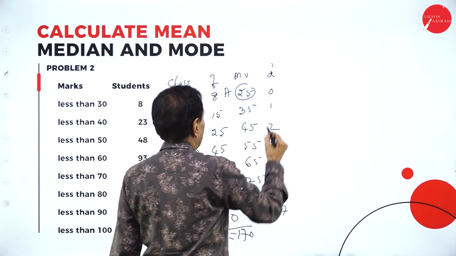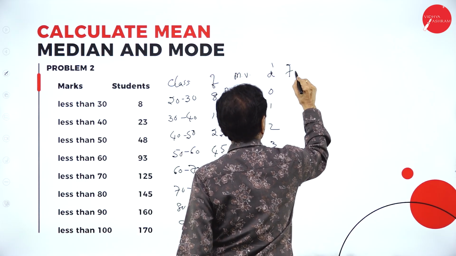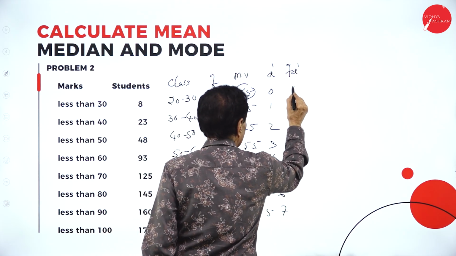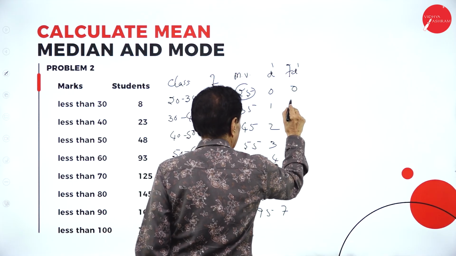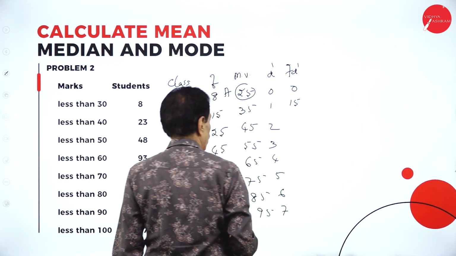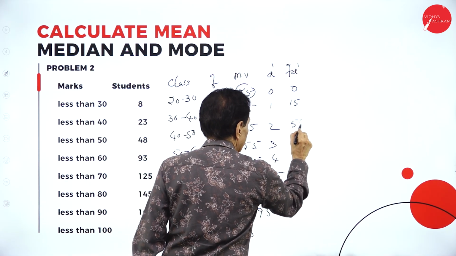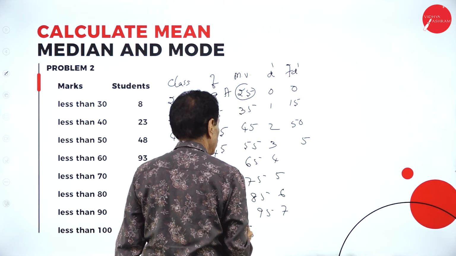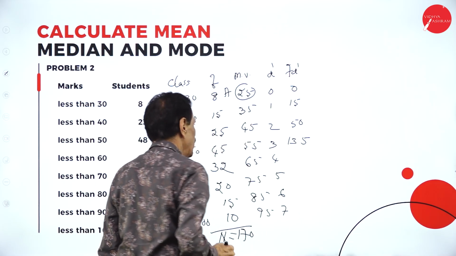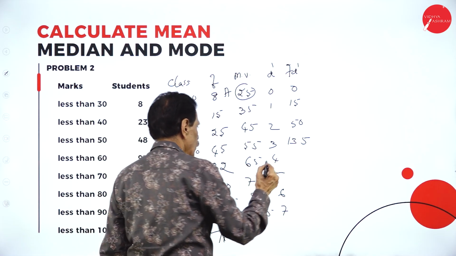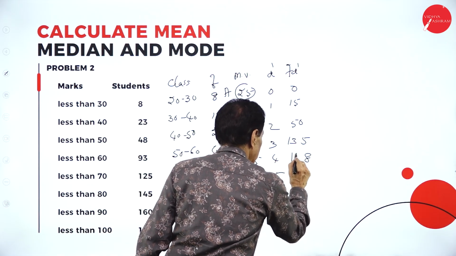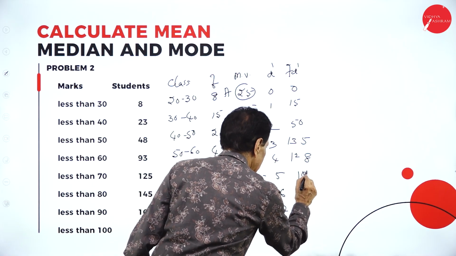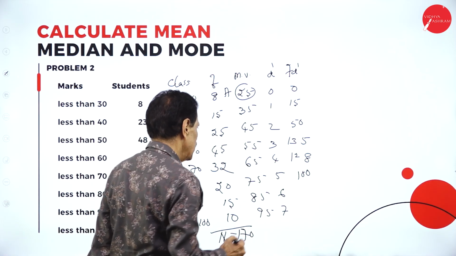Next step, FD dash, frequency. 8 into 0, 0. 15 ones are 15. 25 twos are 50. 45 into 3, 3 fives are 15, 3 fours are 12 plus 1, 135. 32 into 4, 4 twos are 8, 4 threes are 128. 20 into 5 is 100. 15 sixes are 90.